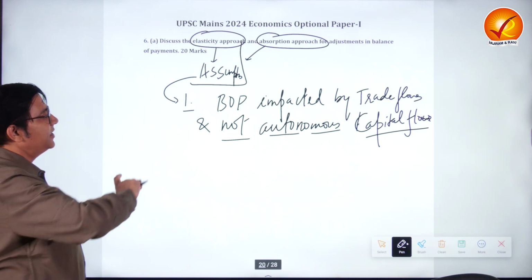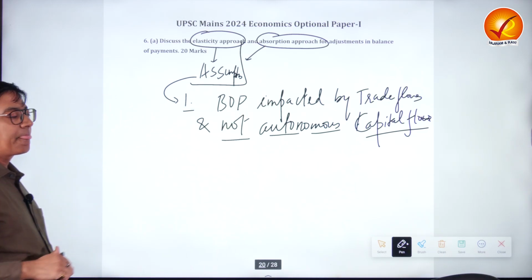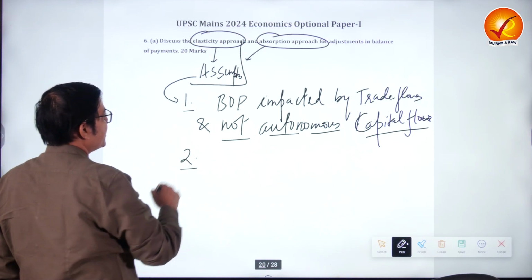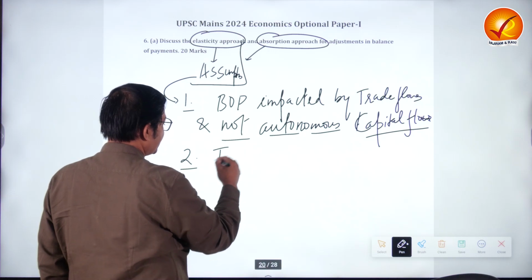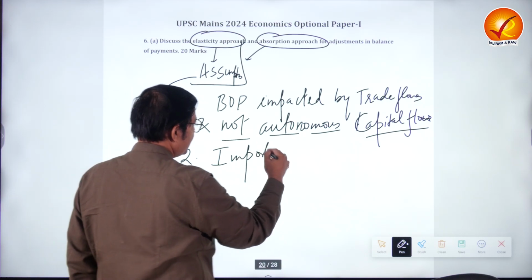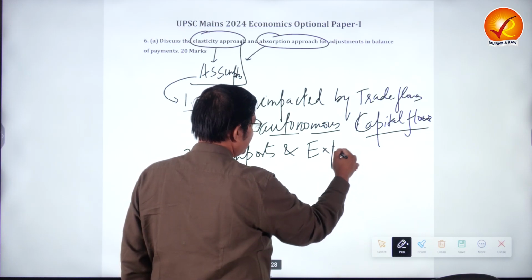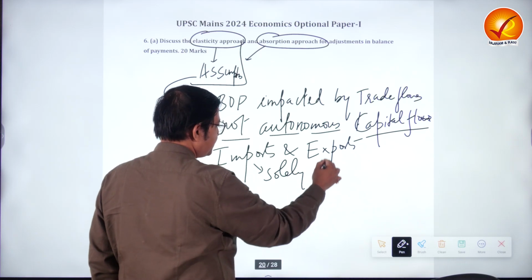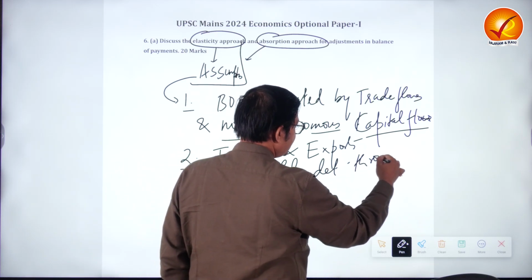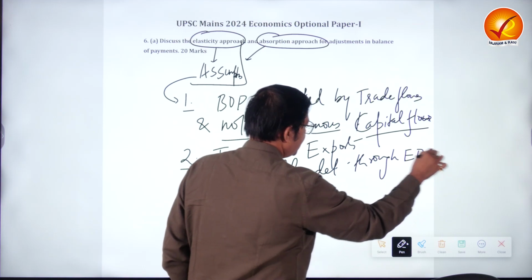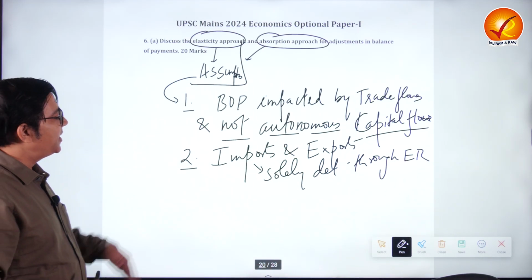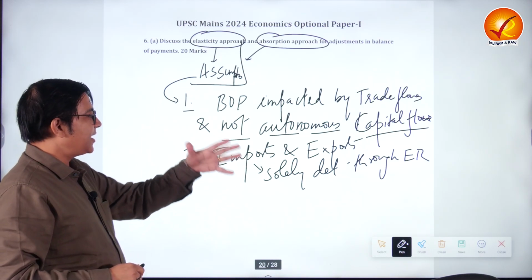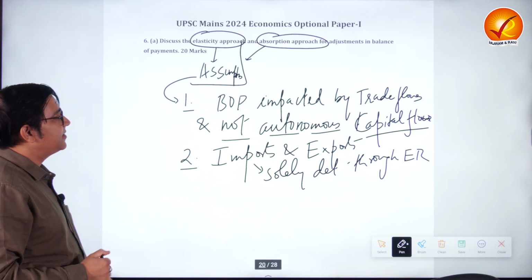That is the main difference between the two. Why do we call it the elasticity approach? Because here imports and exports are solely determined through the exchange rate. With respect to the exchange rate, there is some relationship of imports and exports, and that is how we name the concept the elasticity approach.